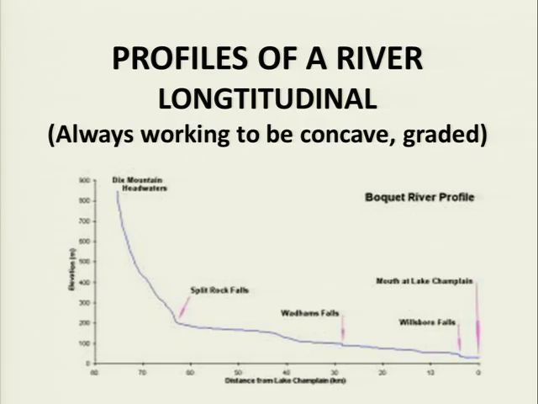As soon as we have a concave profile in the longitudinal profile of a river, then we have a graded profile. The longitudinal profile is the side view of the river from the mouth to the source.